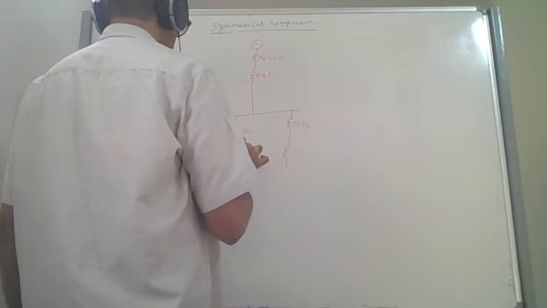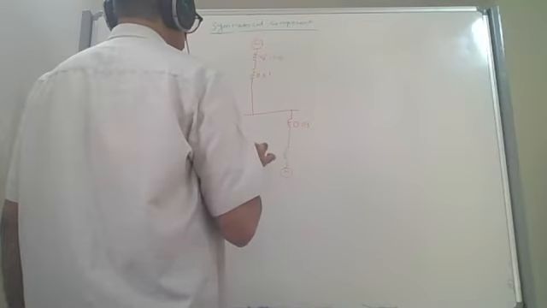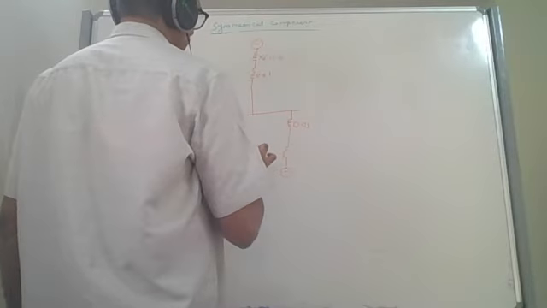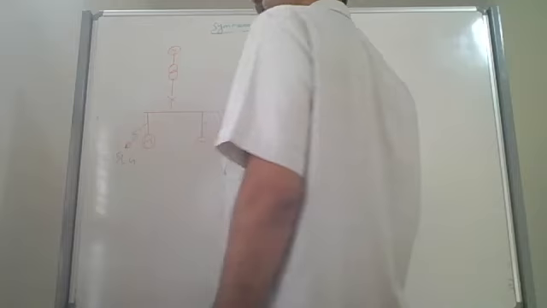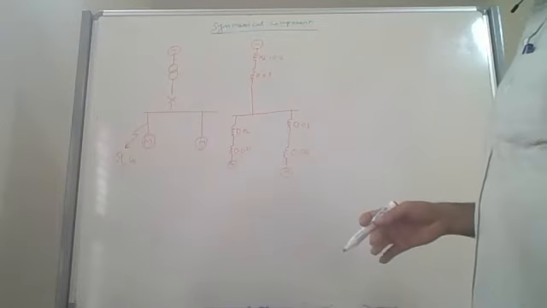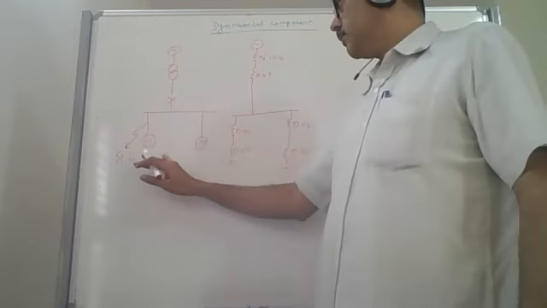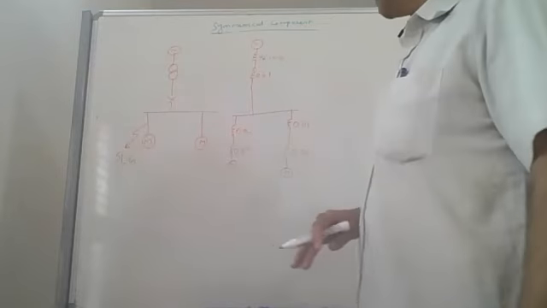Let's say the motor was 0.05 or 0.04 or something. Actual impedances, how to calculate? You have to get those impedances. Whatever single line diagram you have, please add the impedances.